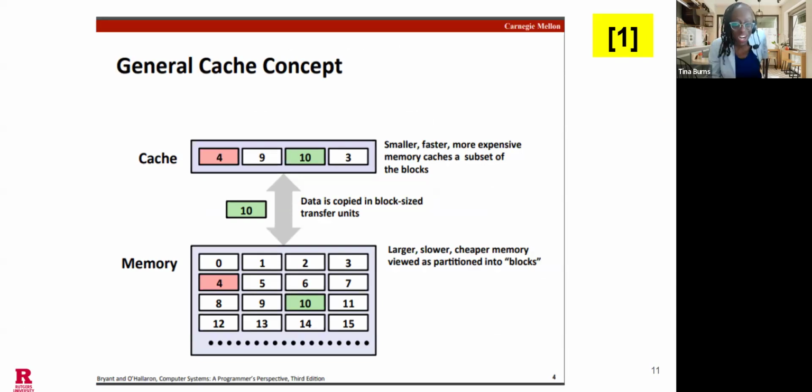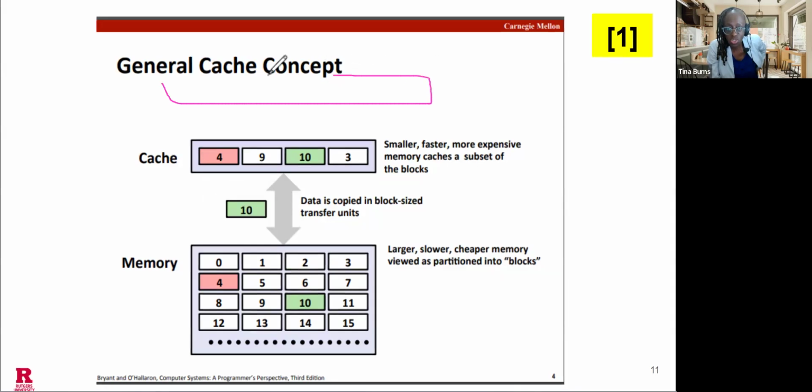Again, this is from the Carnegie Mellon site, and their classes and concepts. Let's say we have these addresses for the data that we're trying to access. Now notice I'm going to say that my processor is right here.